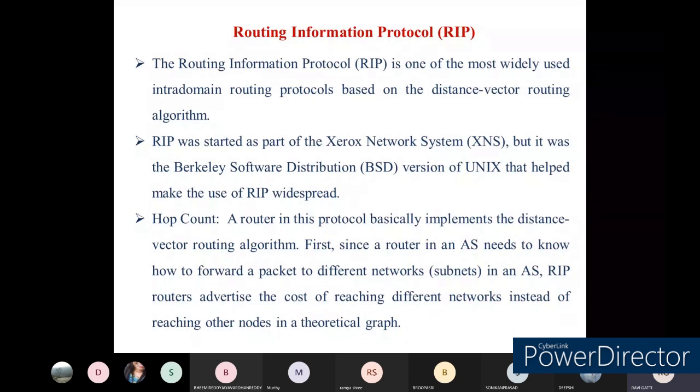If it is not possible for me to transfer the data from source to destination directly, then we are going to use an intermediate node for forwarding the packet from source to destination. The number of intermediate nodes which we use in the data transmission, we call it the hop count.